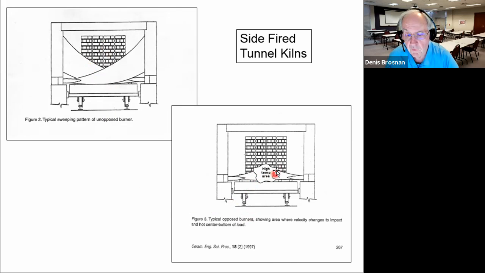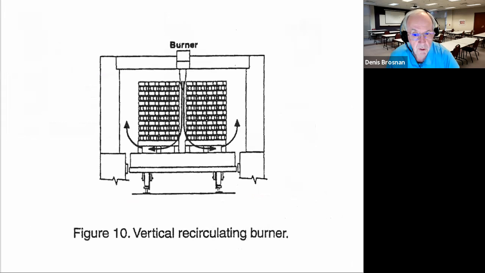The other way to do this is to directly oppose the burners, and that creates a swirling action here. Remember, this kiln load is offset from where the burner flames, the burner cone of heat, is coming out. The other possibility is to fire from the top, and many of the newer kilns fire down through the crown.